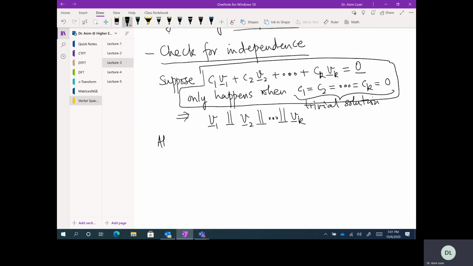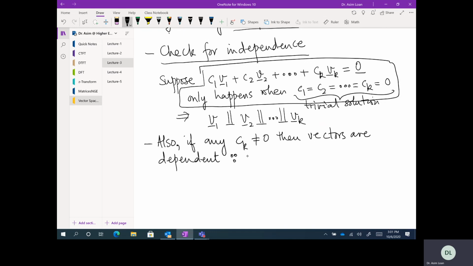Also, if any ck is not equal to 0, then obviously the vectors are dependent. Why?